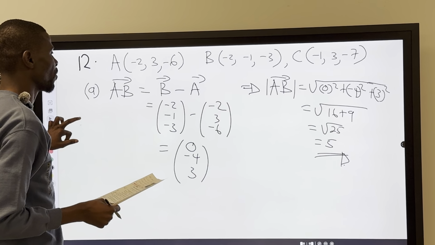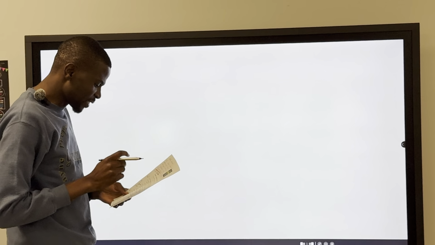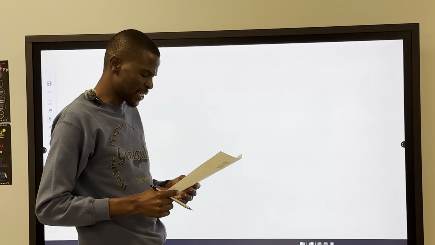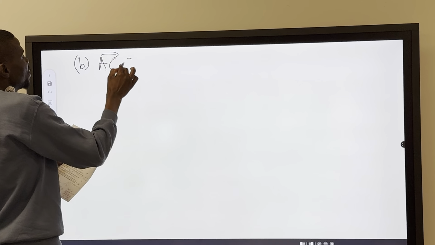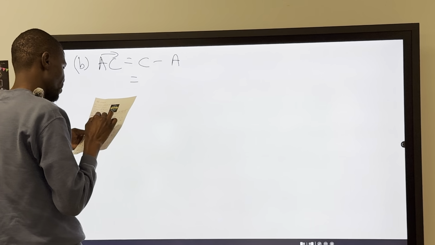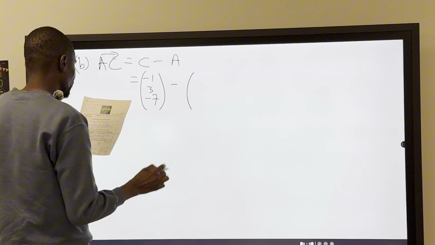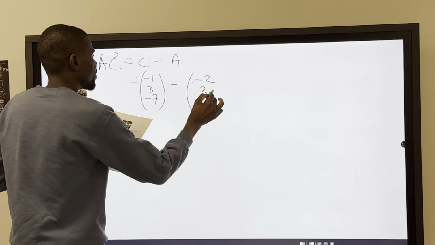Okay, let's move on to part B. On part B, during a survey, the engineer surveyed a straight line from village A to village C. So we need to find vector AC, which is just C minus A, right? Our C in this case was (-1, 3, -7), subtracting our A, (-2, 3, -6).